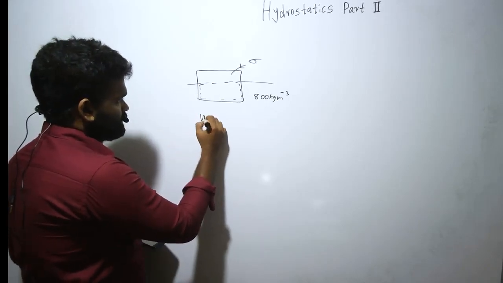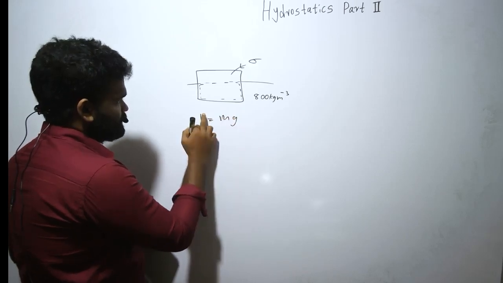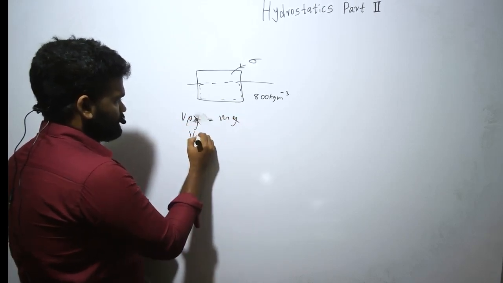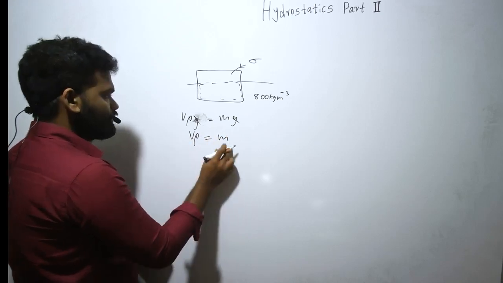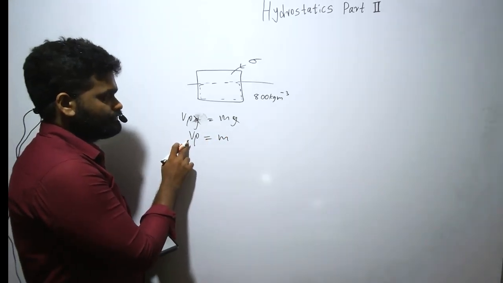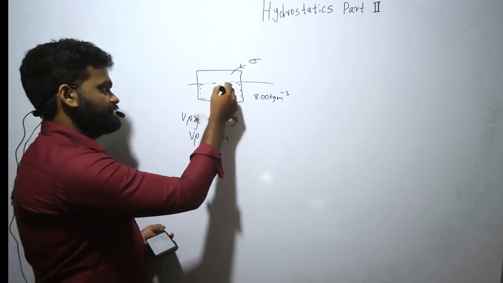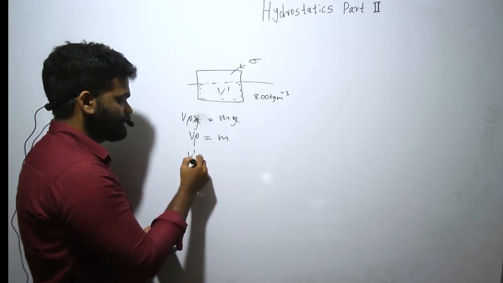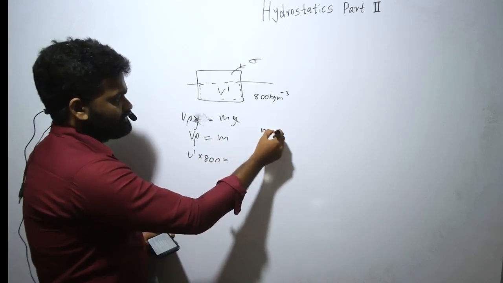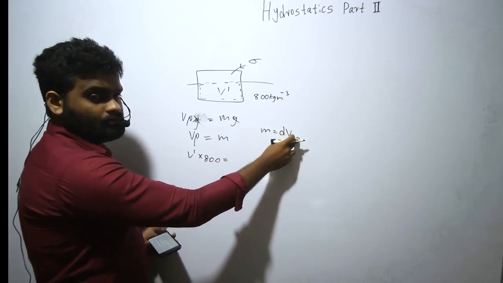So you can see upthrust is equal to mg. So upthrust is v rho g, right? g cancels off, so you get the same equation, v rho equals mass. So this v is the displaced volume. Let's say the displaced volume is v dash. Rho is 800, then mass. Mass equals density times volume.